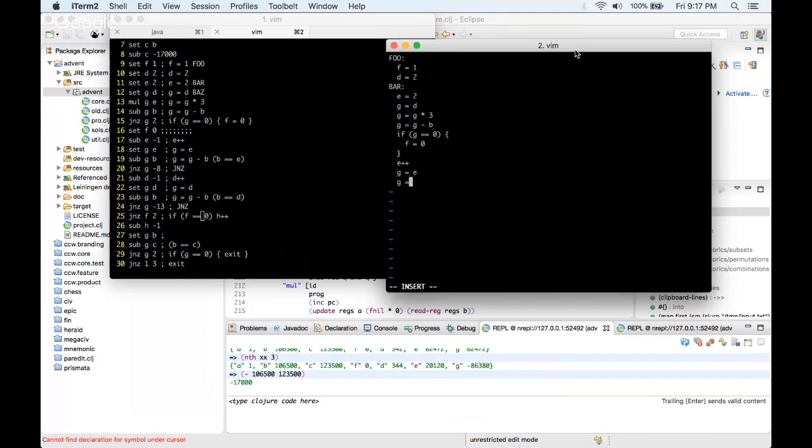G equals E, G equals E minus E. If, so I think we can just say, if this is the same thing, then go to bar. Okay, then we have Baz up here. All right, D plus plus.